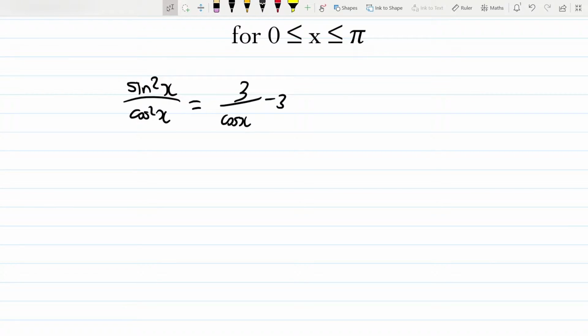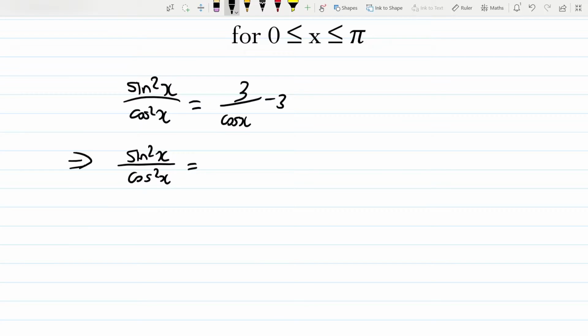Okay, so we want every single term in this equation to be something over cos squared x, so we can just cancel out the cos squared x on the denominator. So to do that, this first term is the same, since it is cos squared x on the denominator.